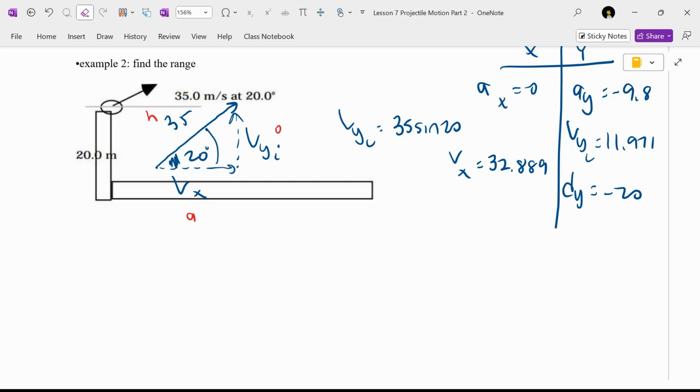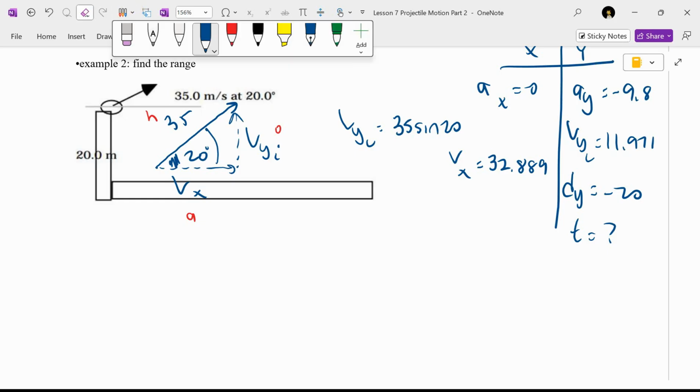Crystal, what does this question want me to find? What am I really going to spend most of my time finding? Yeah. Which column can I find time in? Because I gave you three things. Yeah, I'm going to make a little note here, t equals question mark. I'm looking for an equation that has a d, a v, an a, and a t in it. There is. Yeah, it's going to be the full quadratic.